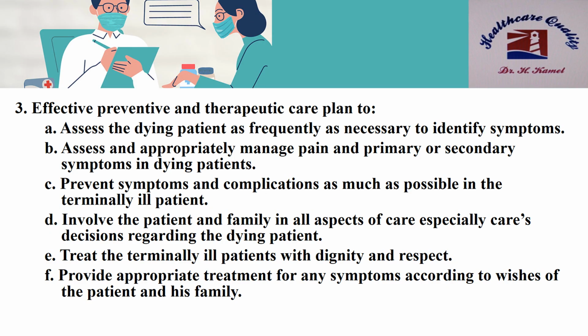Involve the patient and family in all aspects of care, especially care decisions regarding the dying patient. Treat the terminally ill patient with dignity and respect. Provide appropriate treatment for any symptoms according to wishes of the patient and his family.